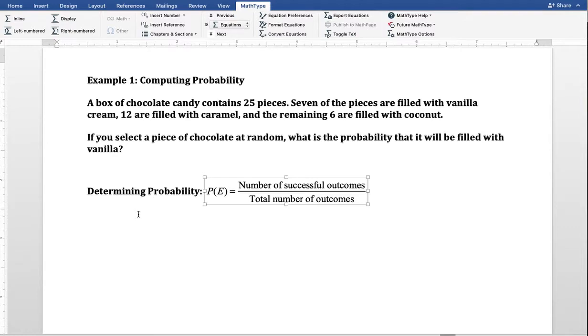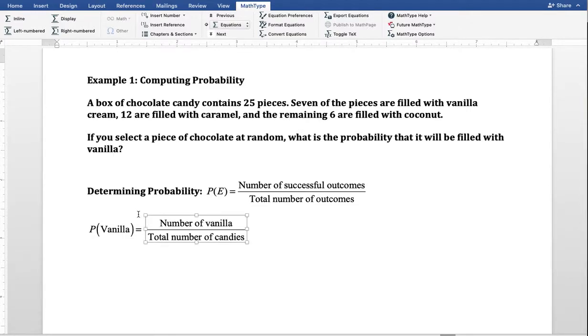So in this case, we're saying the probability that our candy is vanilla cream. So probability of vanilla, P of vanilla. We would be looking for how many of the candies are vanilla out of the total number of candies. In this case, reading back, we have 7 are filled with vanilla, 25 total.